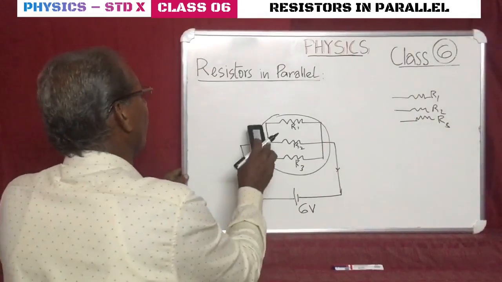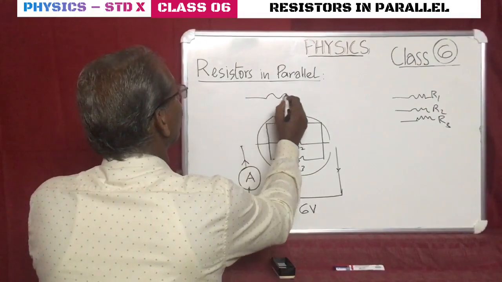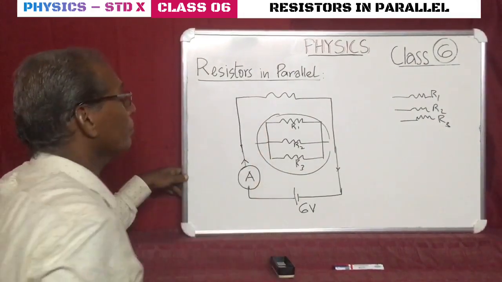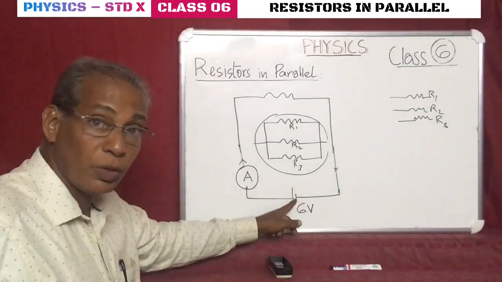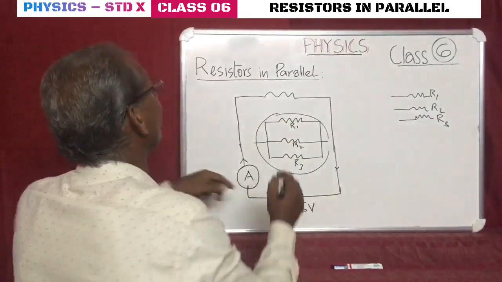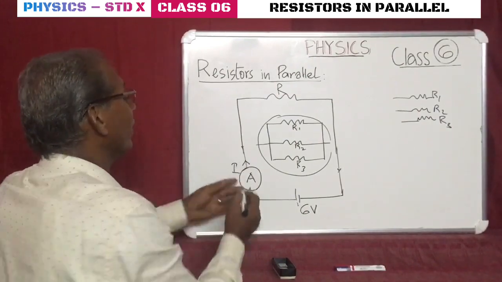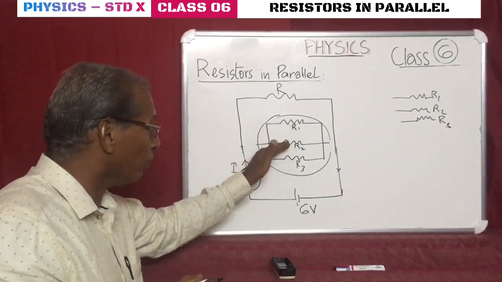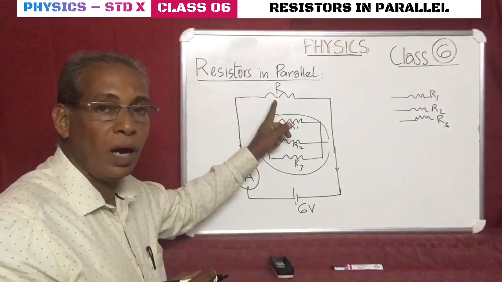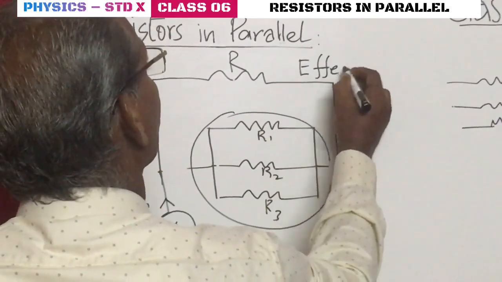Now if I connect one resistance, from 6 volt we get that current through this resistance and we get again current which is the same as we were getting if this current is flowing through these 3 resistors. In that case we can call this R as effective resistance of the circuit.